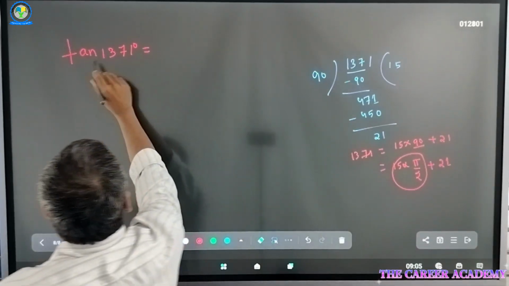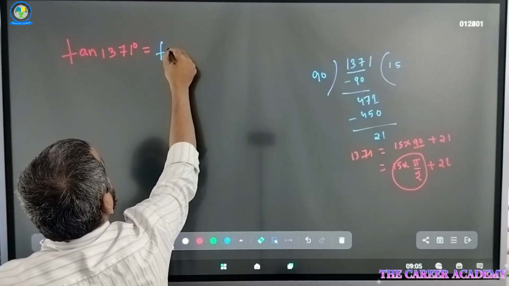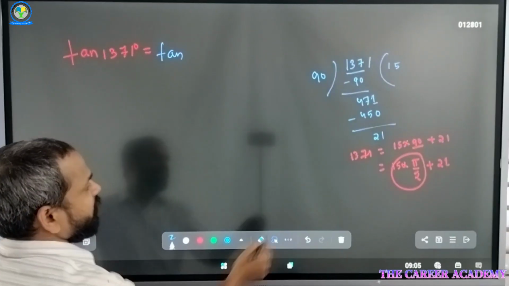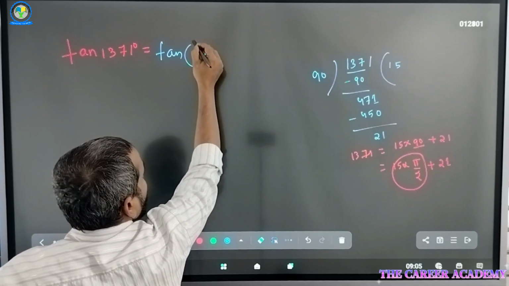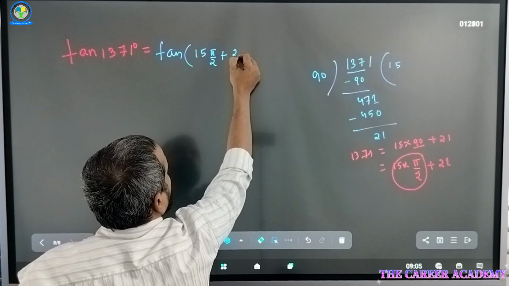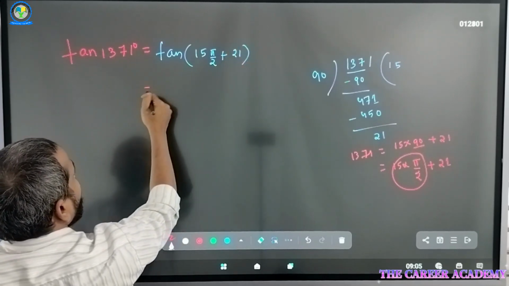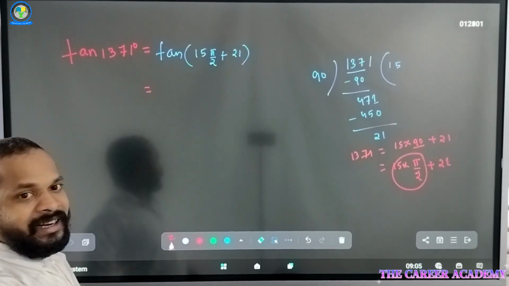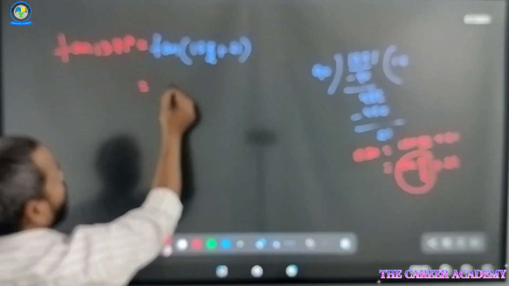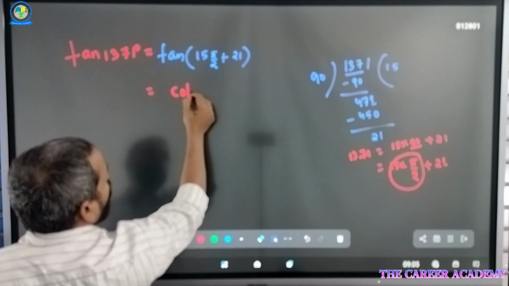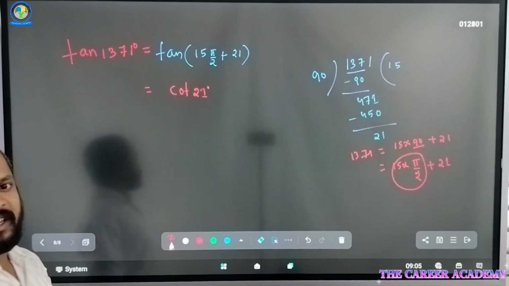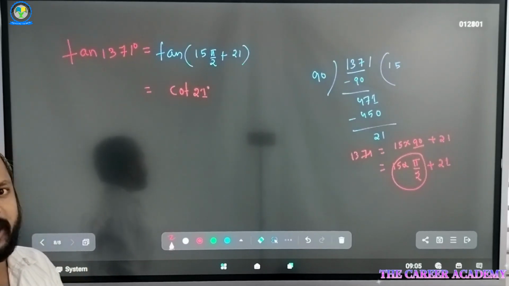That means we can write tan 1371 degree as tan of 15 pi by 2 plus 21 degree. Now it is pi by 2 form, so it can be changed. Tan changes into cot 21 degree. Now its sign: whether it is positive or negative, how can you know?